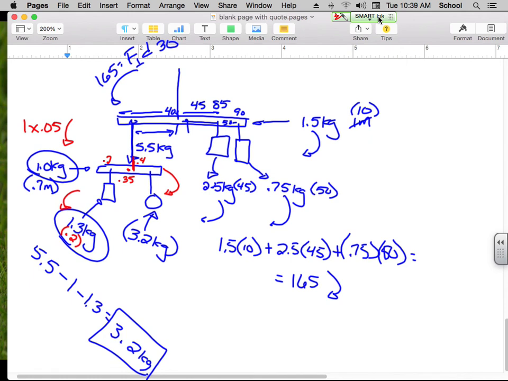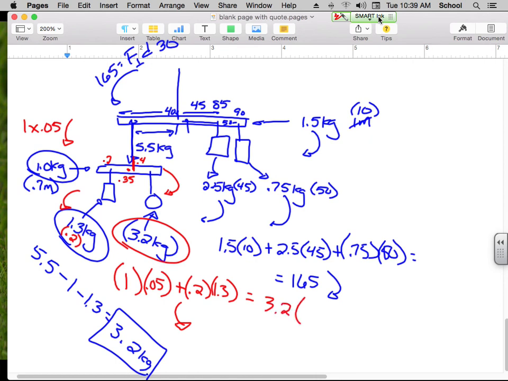So then we're going to say we have our 1 times 0.05 plus the 0.2 times the 1.3. These are both going this way. They have to balance out what we know is 3.2 going, I don't know, how far over is that. So that's what we've got to figure out on that.